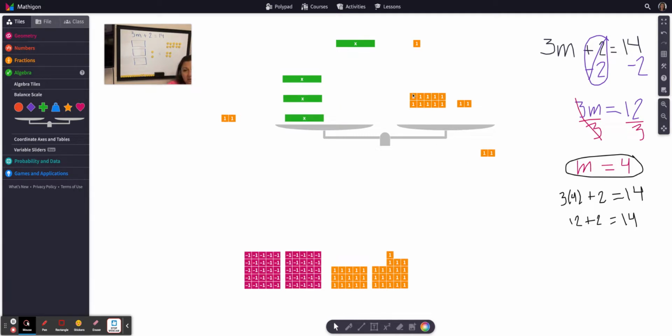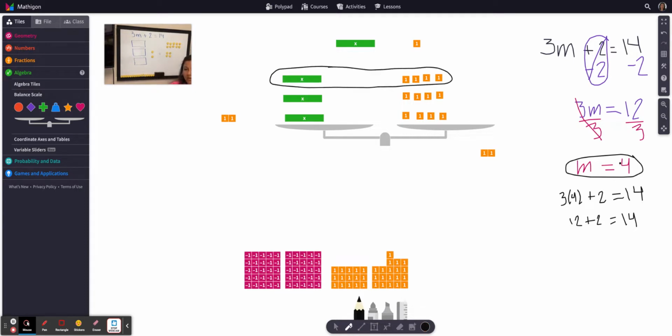I can start saying, that one goes to the top one, the middle one, the bottom one, and so on, until all 12 are distributed. Well, what does that tell me? It tells me that each x must be equivalent to 4, just like our answer.